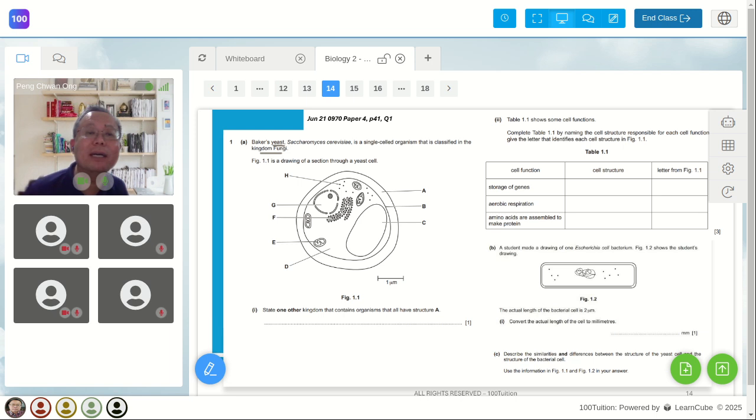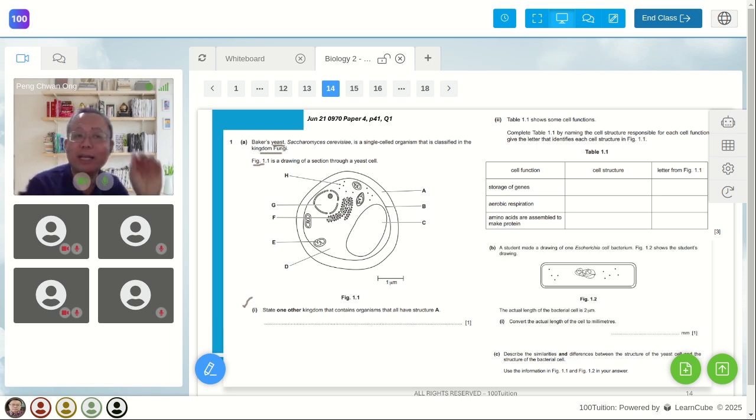Then this figure is a drawing of a section through a yeast cell. And then you have A, B, C, D, E, F, G, H, where it labels the different parts of the yeast cell. So question 1, can you type this answer in your chat? Can you state one other kingdom that contains organisms that all have structure A?